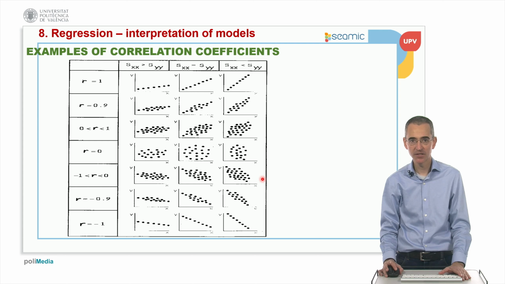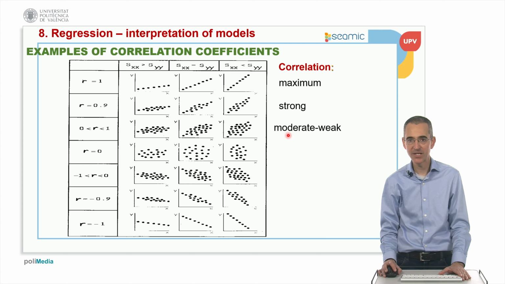Good. So, examples of correlation coefficients. This is a chart explaining most of the possibilities. The first case is a maximum positive correlation. The points are perfectly aligned. Then here we have an example where the correlation is more or less strong. For example, 0.1 would look something like this. Then these are examples of moderate to weak correlation, approximately.